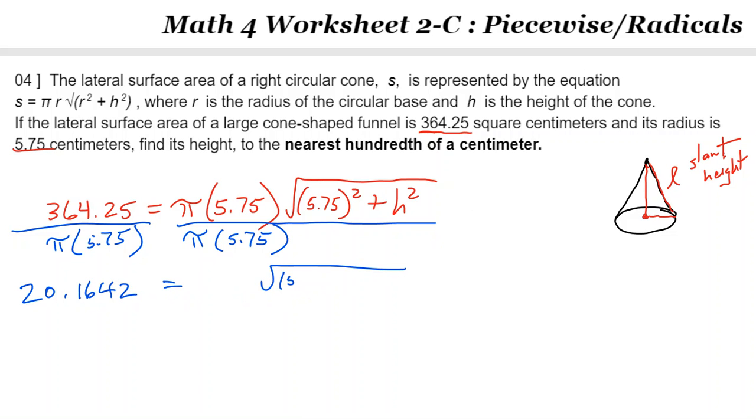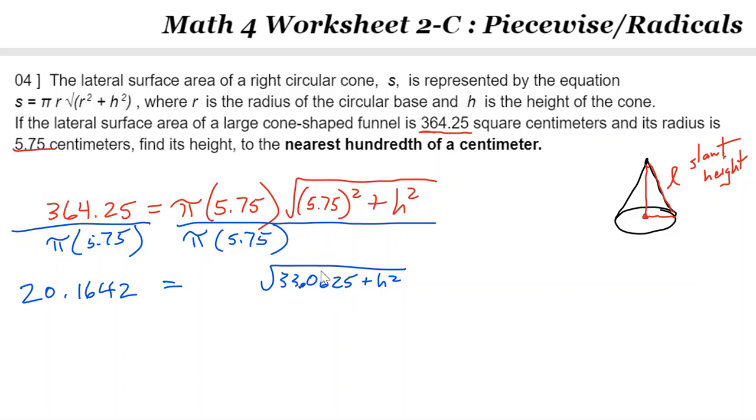Now, I'm going to go ahead and figure out what is 5.75 squared. Let's not waste a whole lot of space doing itty bitty steps. So it's 33.0625, and again I'm going to leave it in 4 decimal places because I don't want my rounding error to cause my answer to drift in a way that I'll notice.